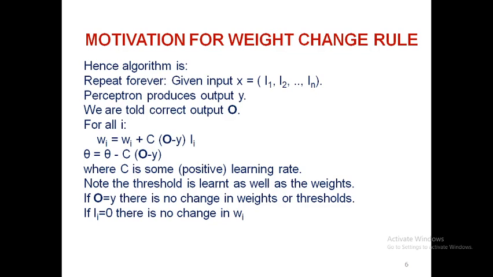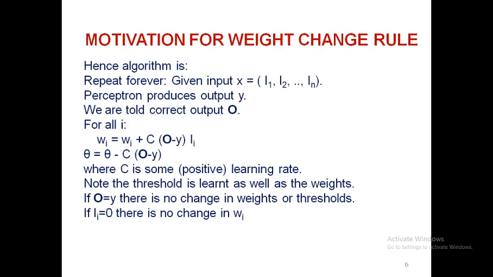In that loop, given input x is equal to I1 to In, that is the input vector, and the perceptron produces the output y, that is the obtained output, and we are told that the correct output is O, that is the required output.